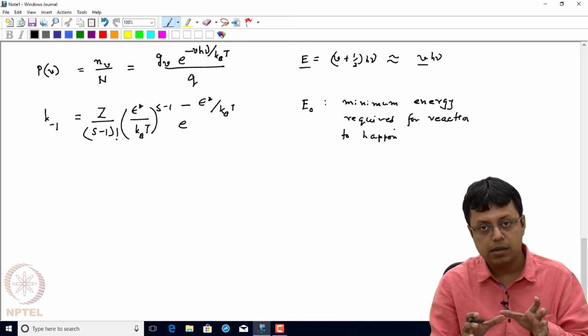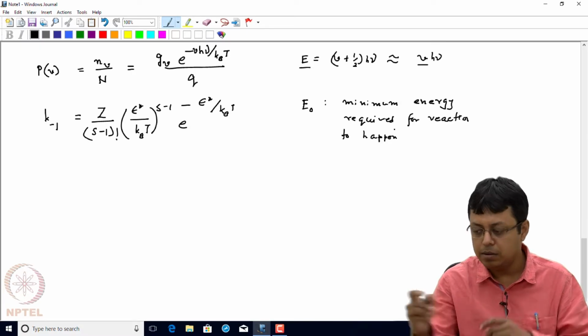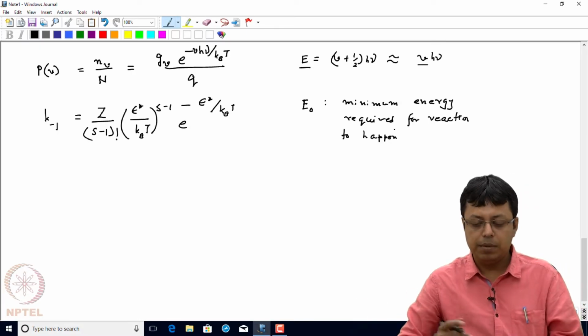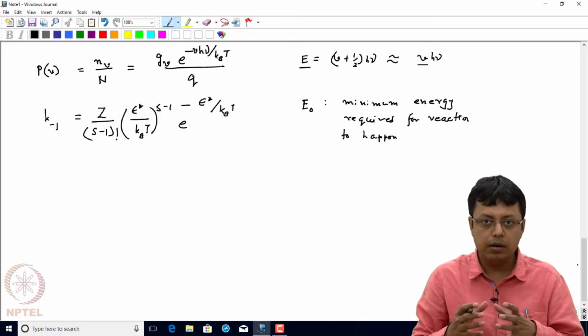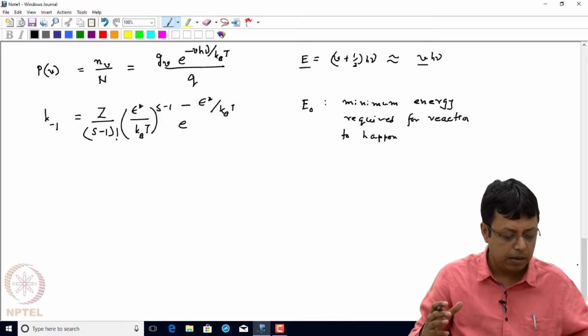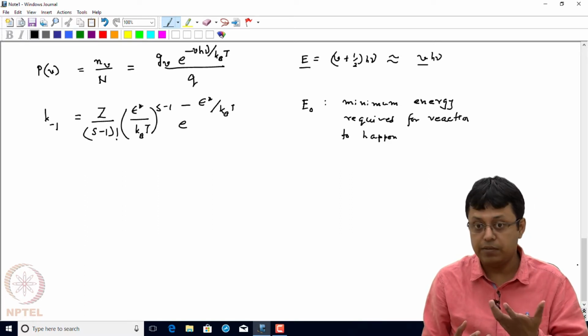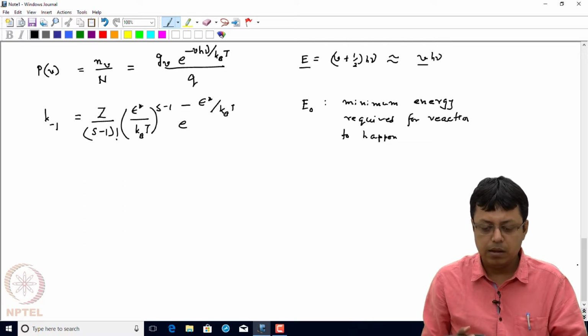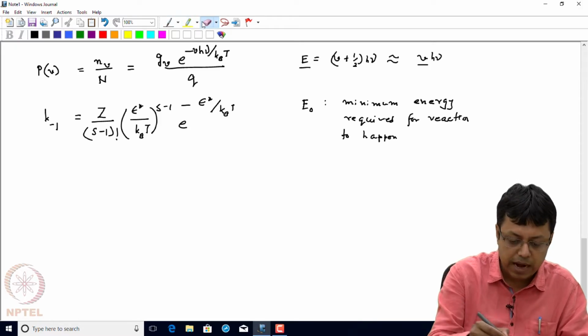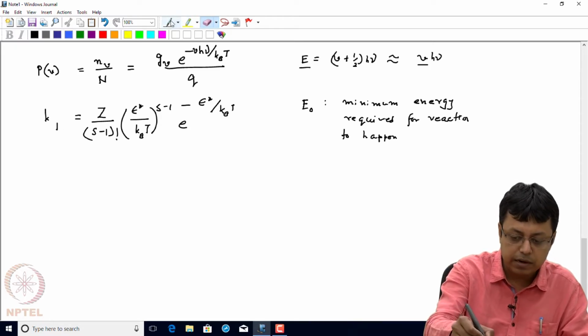Now how do we get this relationship? Basically, if you remember, there was a collisional activation step, and now we are writing the collisional deactivation step. This will be the collisional activation step, not the deactivation.